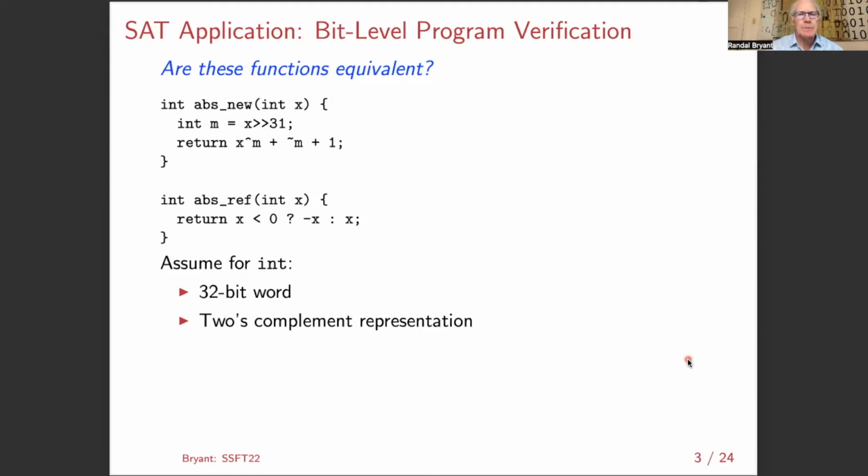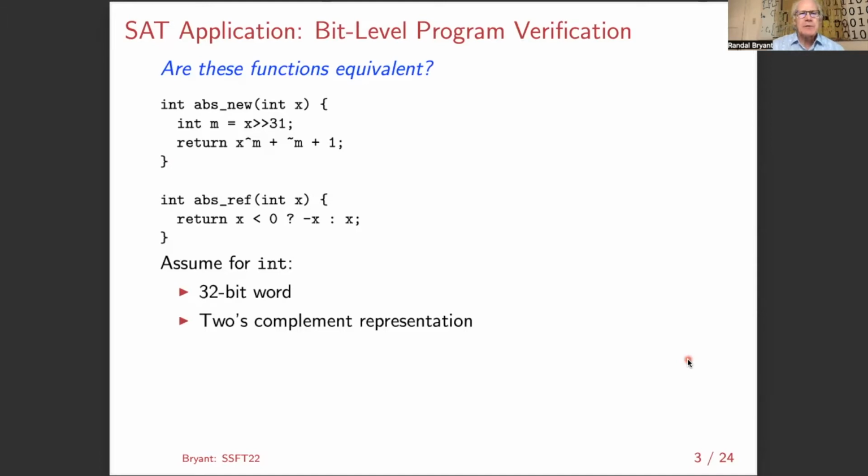Is it really true? Are there some exceptions? How do I know? First of all, you recognize, wait, this isn't going to be true in arbitrary cases. I must assume that it's a 32-bit number and that I'm representing signed integers in 2's complement form. But beyond that, is it true for all possible 2 to the 32 combinations of x then?